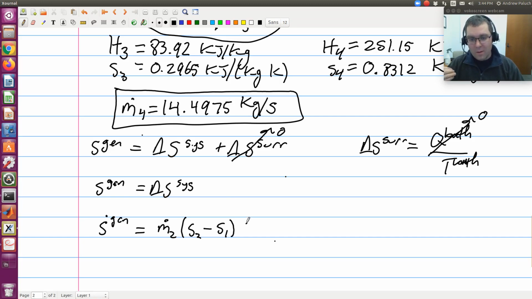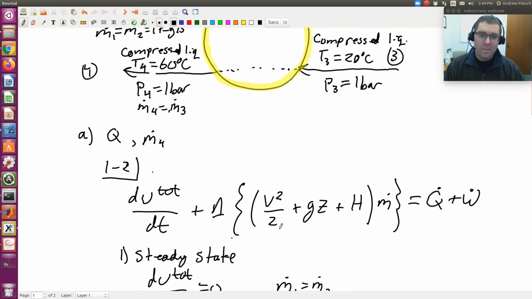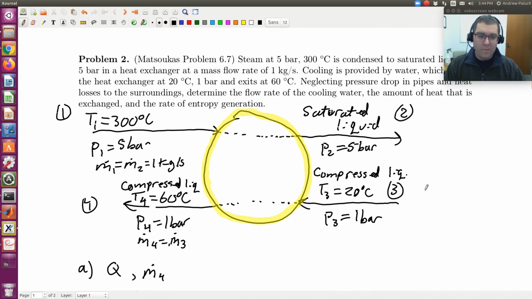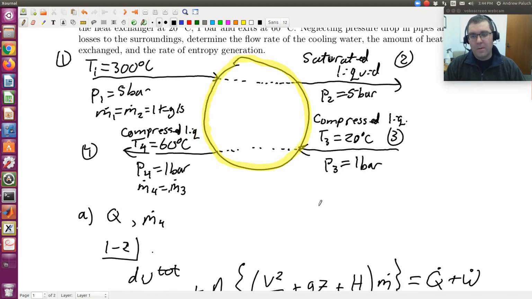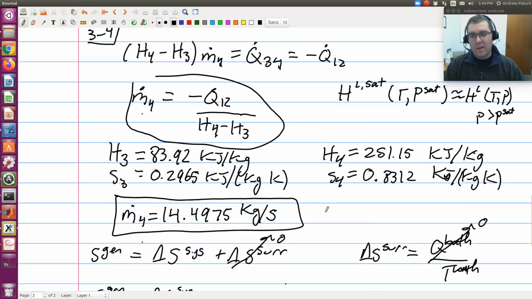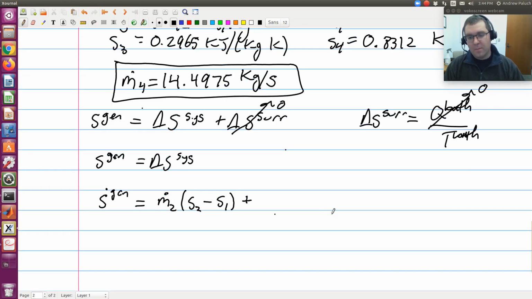Plus, now I need to do the same thing for stream 3, 4. So that'll be plus m dot 4 times exiting S4 minus S3. So I started with my Sgen equation from chapter 4.